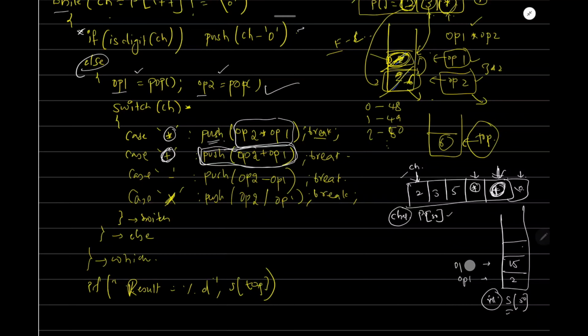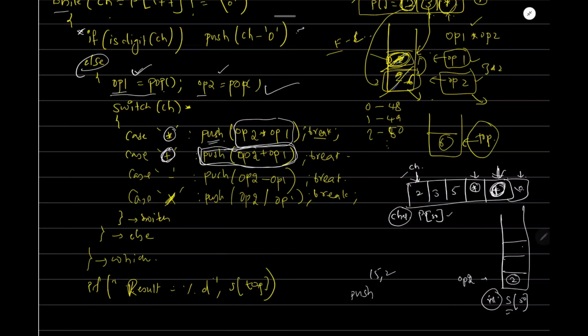First we are popping out op1, the first element which will be popped out, as top will be here. The second element which will be popped out is 2. So we will be popping 15 comma 2 and pushing the result.